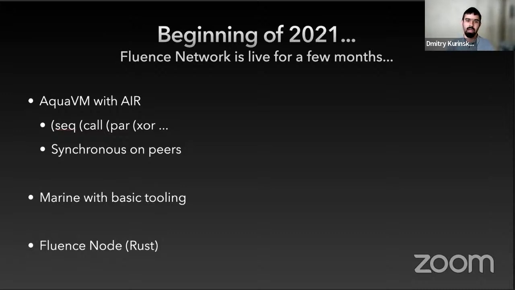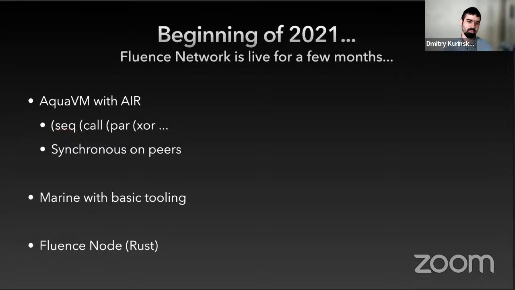So we had an Aqua virtual machine with an Aqua intermediate representation. So you were able to make distributed scripts in Fluence with this wonderful syntax with many brackets, which was kind of hard, but it was working.